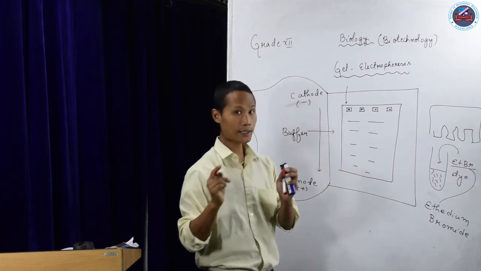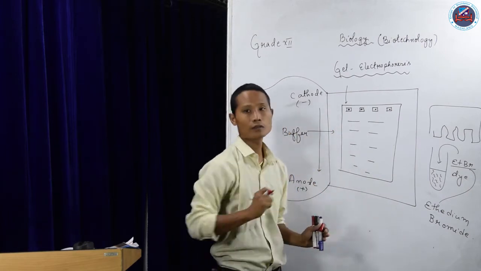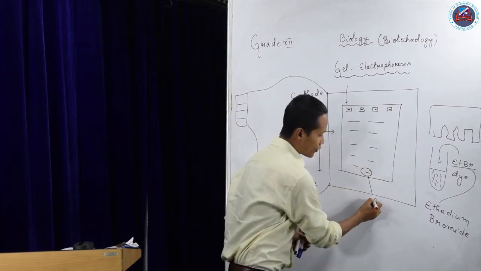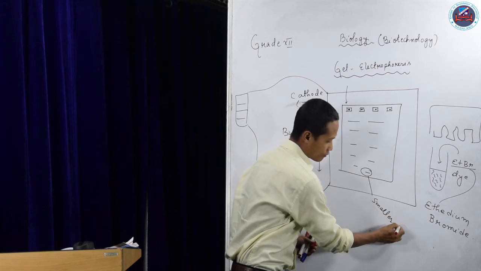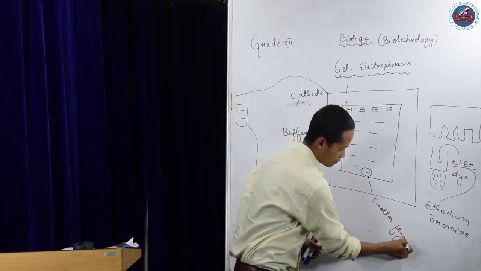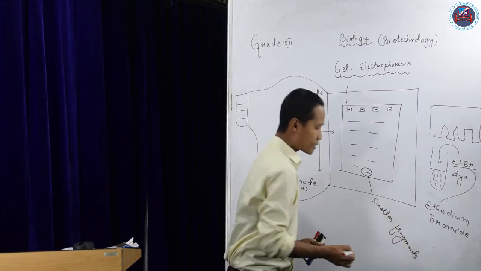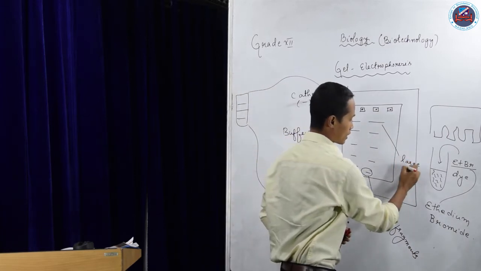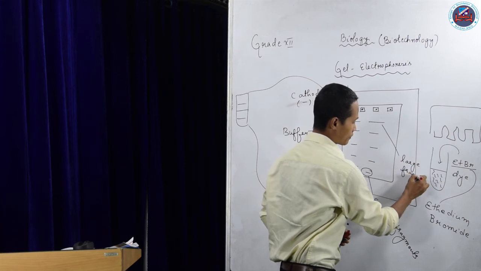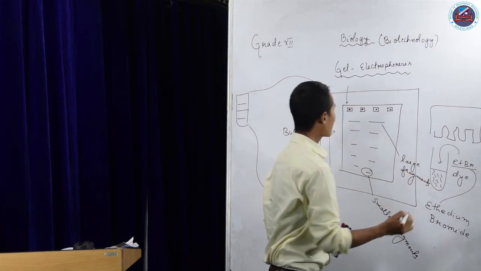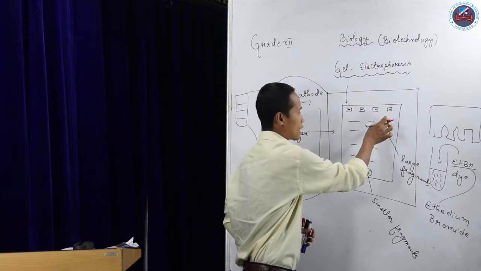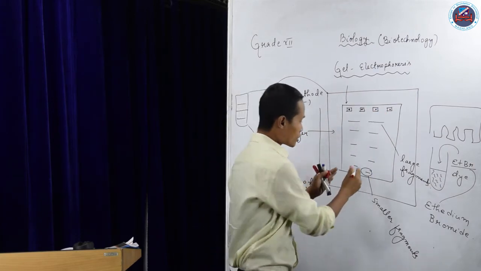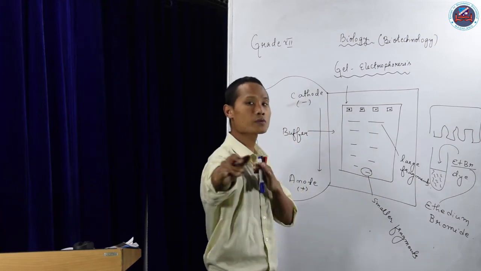Since DNA is negatively charged, it moves toward the anode side. You can see the smaller fragments and the large fragments. The large fragments will be near the well, and the smaller fragments will be away from the well.